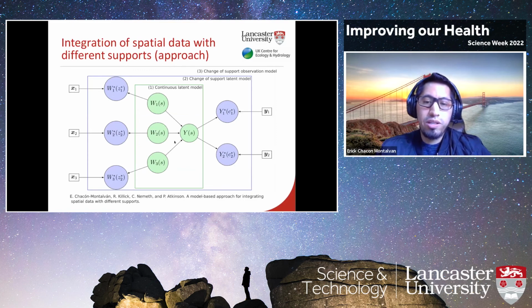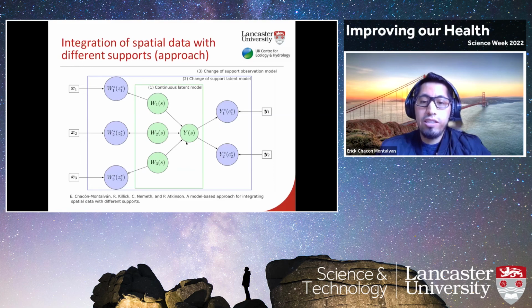Okay, so in this approach we first define a continuous latent model, the green nodes, that tries to represent the system that we are trying to understand. So for example, YS can be, I don't know, maybe the risk of a particular disease, and we have W1, W2, and W3, three processes that in some way help you to understand this risk.